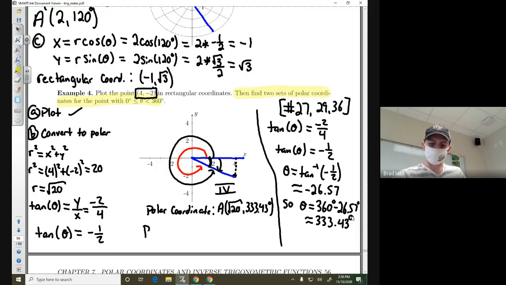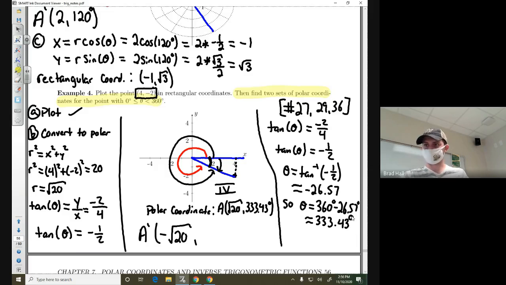And to figure out the other polar coordinate, because remember it asks for two, we can negate the radius and either add 180 to the angle or subtract 180, depending on which one keeps us in the range of 0 to 360. We're going to subtract 180 to get 153.43 degrees.